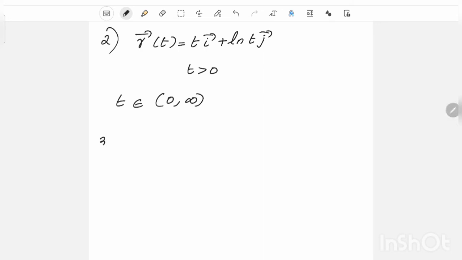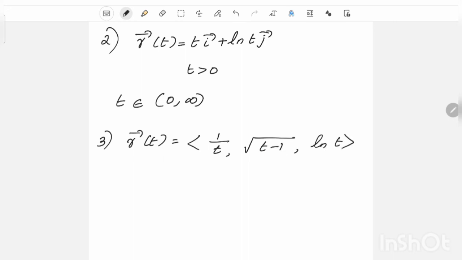Our next example is r(t) = (1/t, √(t−1), ln t). We can represent the vector valued function in either this form or the form (1/t)i + √(t−1)j + ln t k. Now, for finding the parameter interval, we consider the three functions separately.